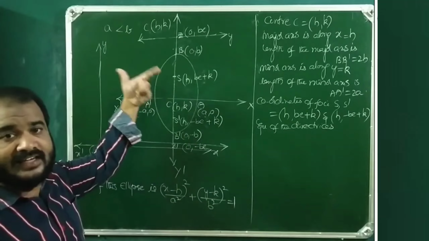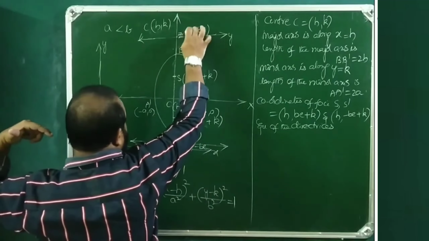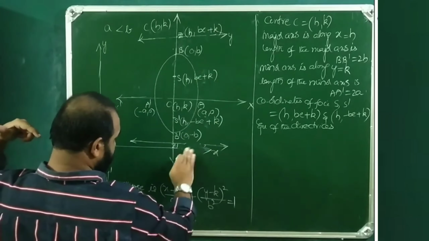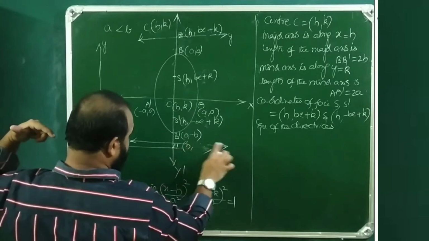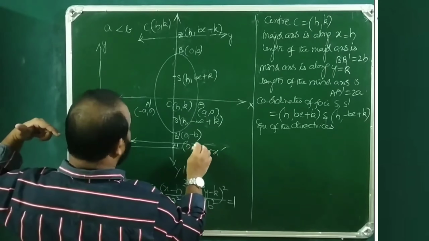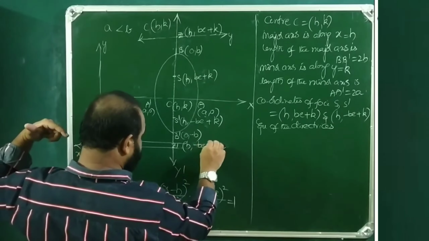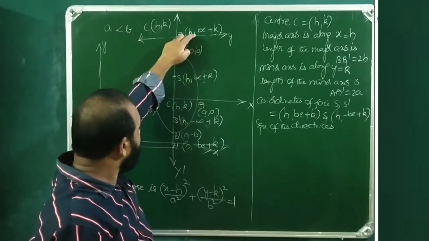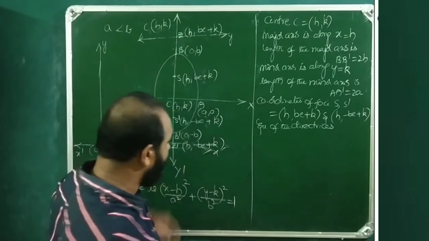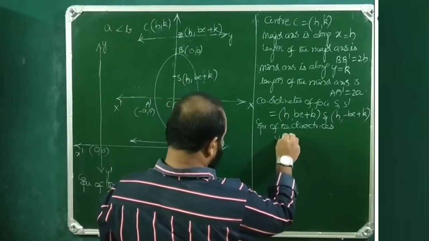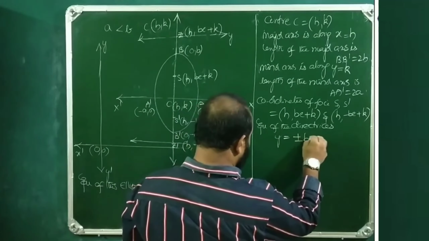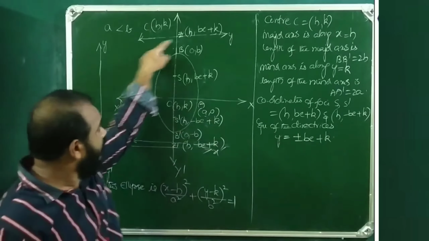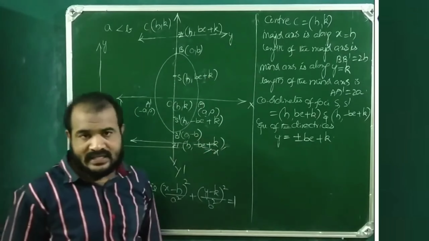For the center at the origin, but here with 0, h will be added, and for this k will be added. Since this is parallel to the x-axis, y equals something, so y equals plus or minus b by e plus k. That is, y equals b by e plus k, and y equals minus b by e plus k.